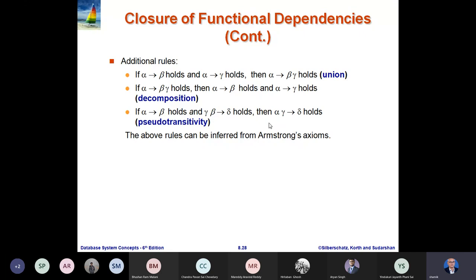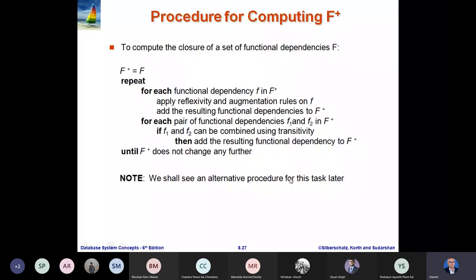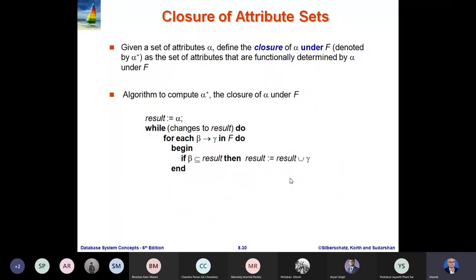That entire set is called alpha plus. As you can see in this example, if alpha to beta and alpha to gamma are there, then alpha to beta gamma will be there in alpha plus. Of course, alpha to beta and alpha to gamma will also be there. So by applying similar concepts, we get which ones are in alpha plus.